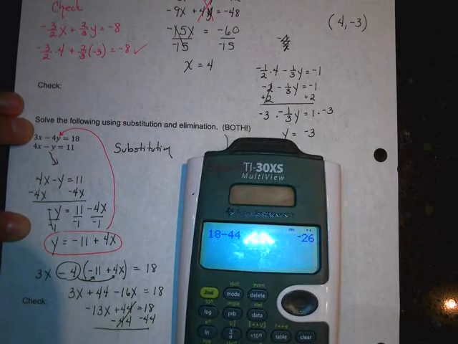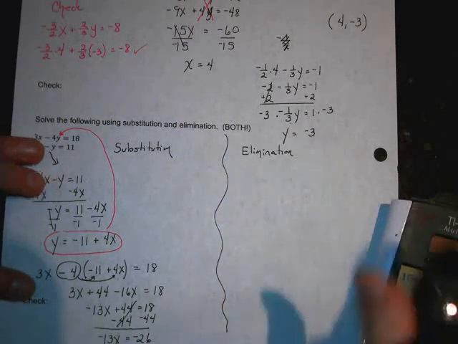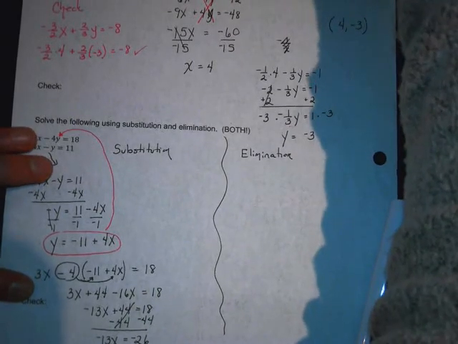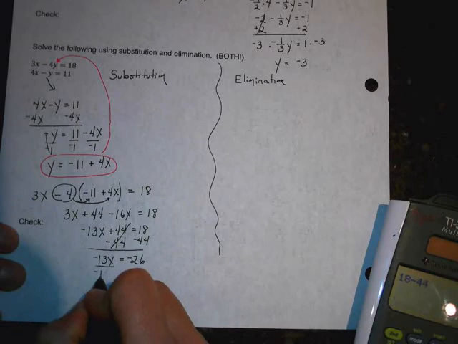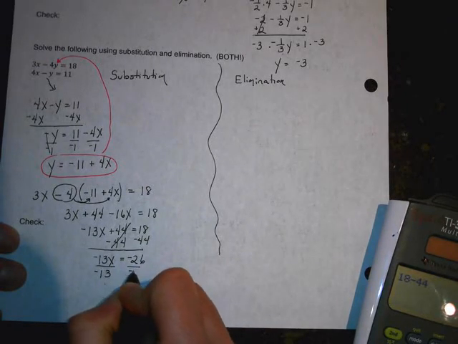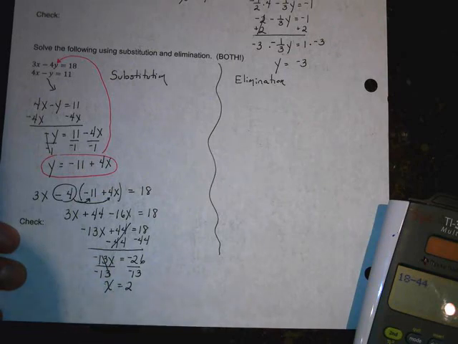Do you guys get negative 26? Okay, and then the last step to get the x by itself is to divide. So did you guys get x is equal to 2? All right.